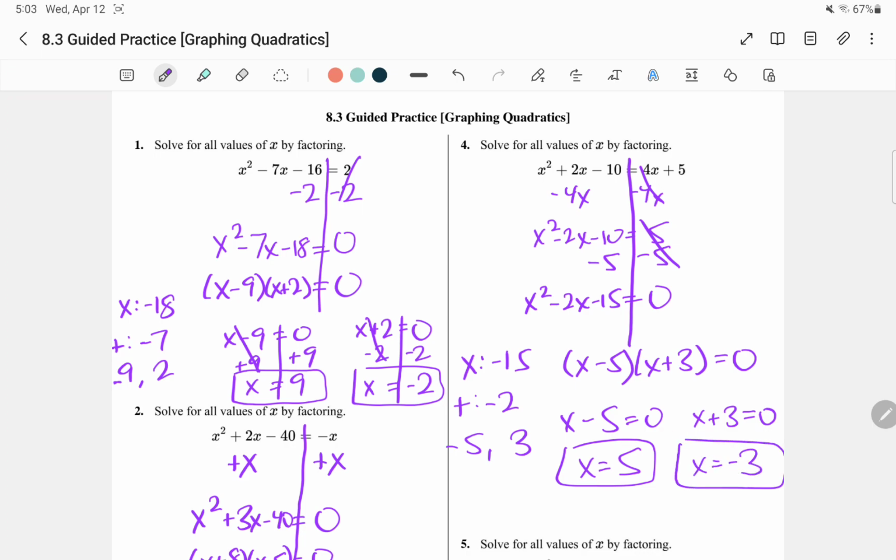For number 4, x equals 5 and x equals negative 3.